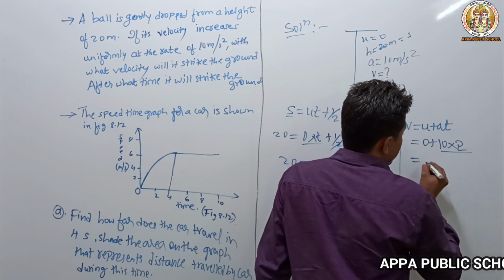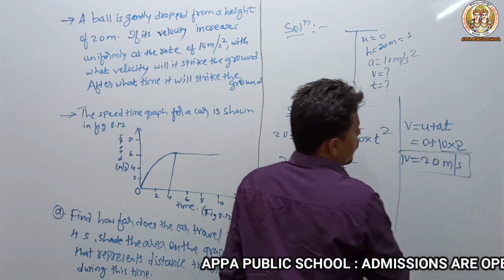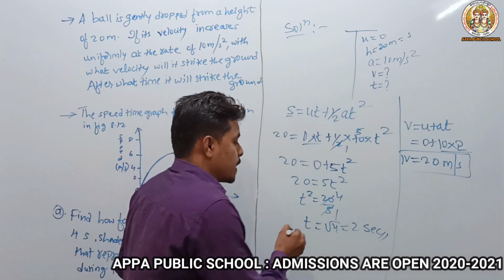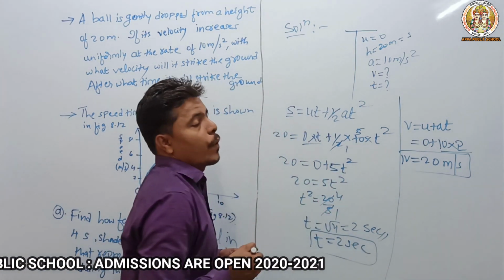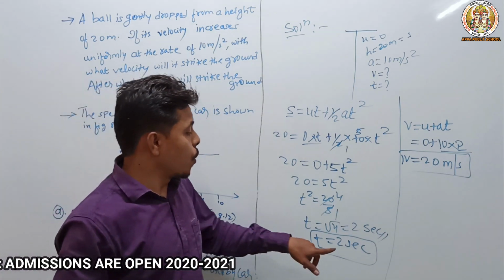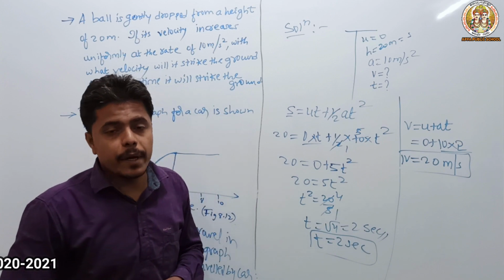So you can see here 20 meter per second. We got the time, we got the final velocity also. Time is 2 seconds, final velocity is 20 meter per second.